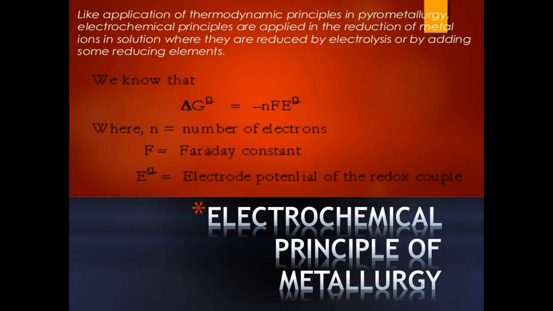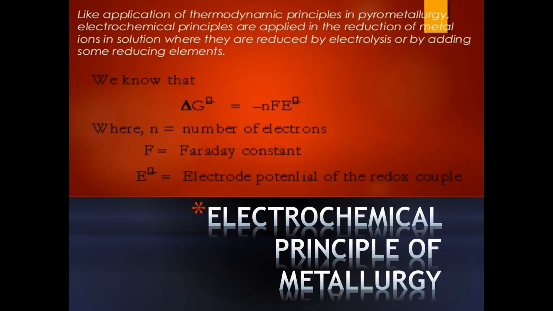That is, delta G equals minus nFE, where n is the number of electrons involved in the reduction process, F is the Faraday constant, and E naught is the electrode potential of the redox couple.